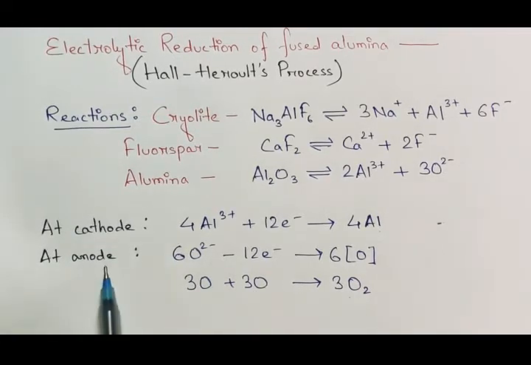Now at the anode, as I said, carbon, that is graphite, is used as the anode, right? That graphite, that means the carbon, reacts with this freshly prepared oxygen to form carbon monoxide and carbon dioxide.